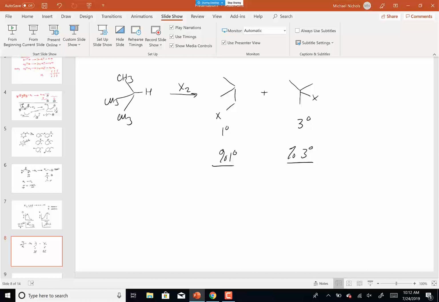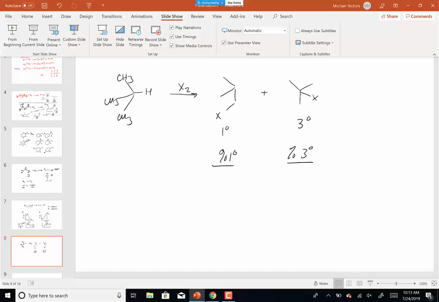No, because I have a complicating issue. My complicating issue is how many different hydrogens give me the primary product? 9. Right? I've got 3 CH3 groups. So I've got 9 hydrogens that'll give me that product, whereas tertiary product, how many hydrogens do I have?